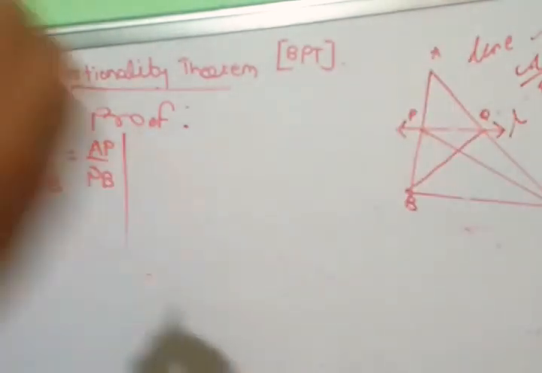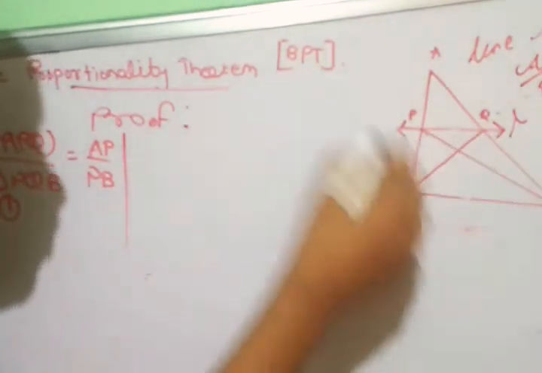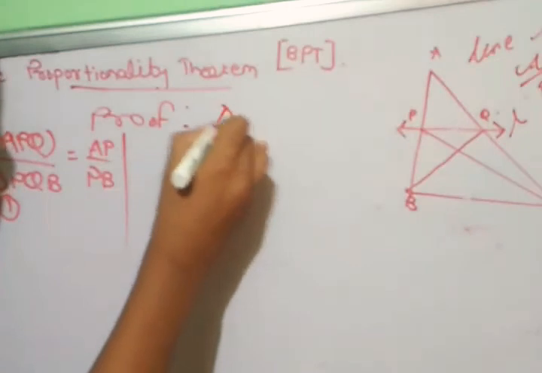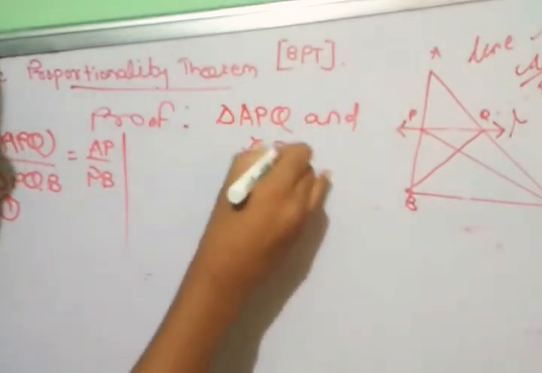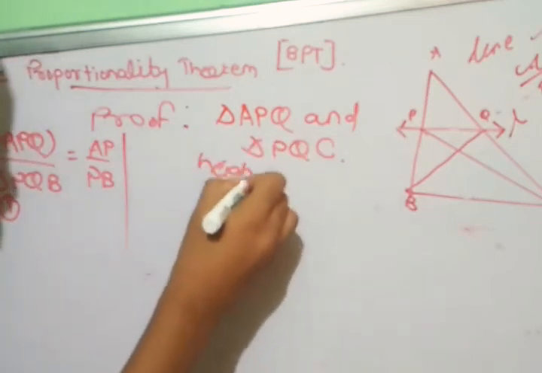In this, there is only one difference: instead of PQB, we find the ratio of areas with PQC. In triangle APQ and triangle PQC, the heights are equal.